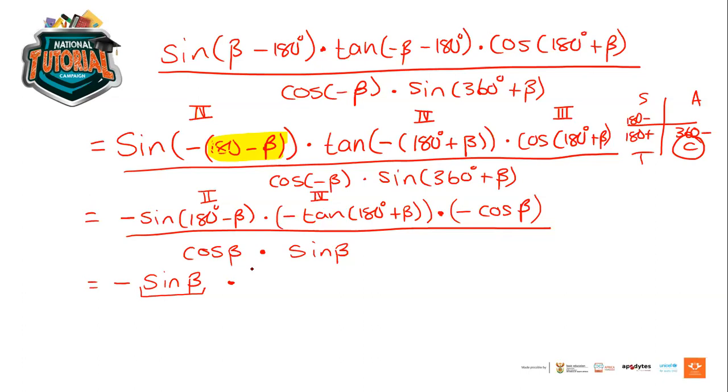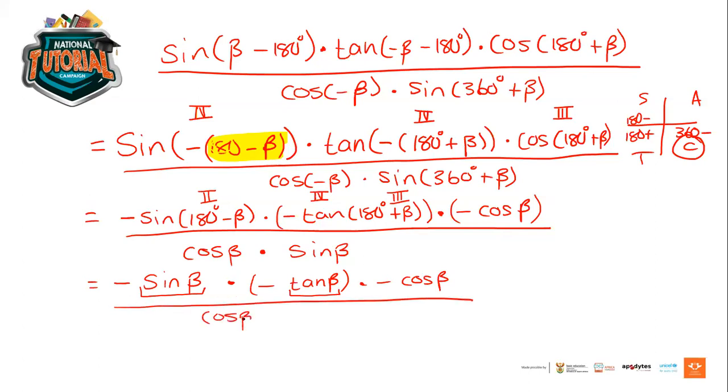Then 180° plus, that is in quadrant 3, and we see that tan is positive. So once again, the negative is from the previous step, but it reduces to a positive tan of β. And we're multiplying by a negative cos of β all over cos of β multiplied with sine of β.